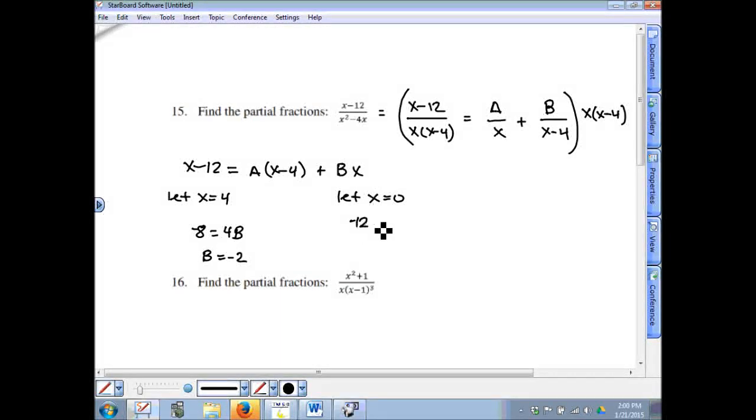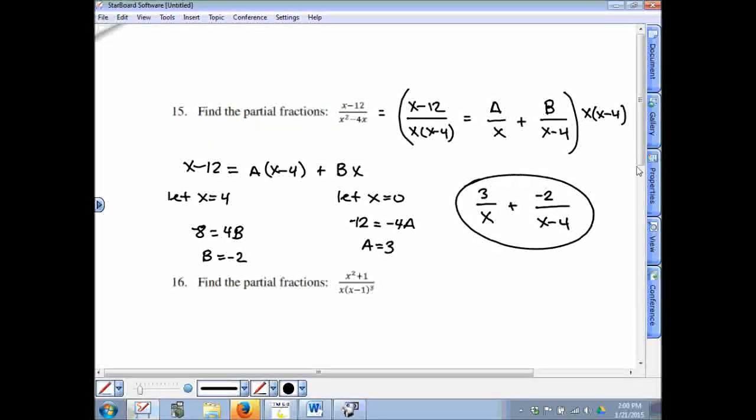Now over here with x equals 0, 0 minus 12 is -12. 0 minus 4 is negative 4 times a is negative 4a, and 0 times b is 0. Divide by negative 4, we get a equals 3. So the partial fractions are 3 over x plus negative 2 over x minus 4.